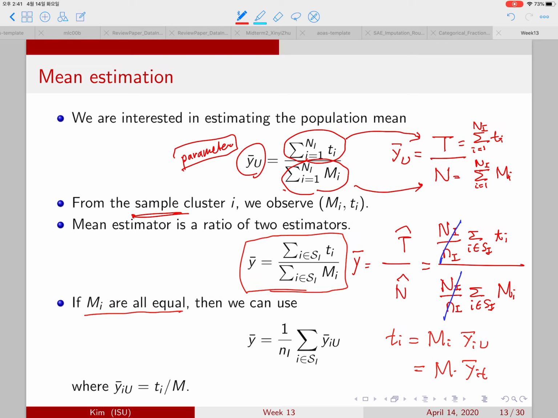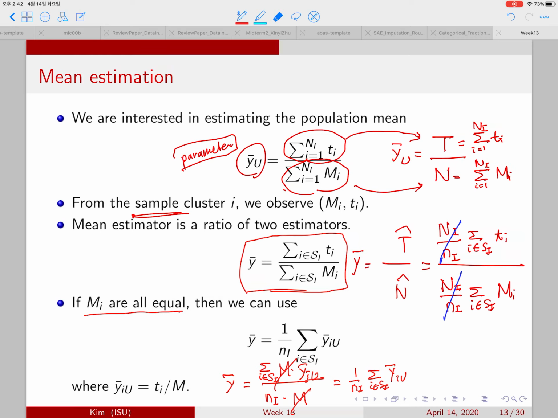Let me write it differently: the summation over S of M times y bar_i over the summation over S of M. So M cancels, and we get 1 over n times the summation over S of y bar_i. That basically is the formula for this mean estimator.